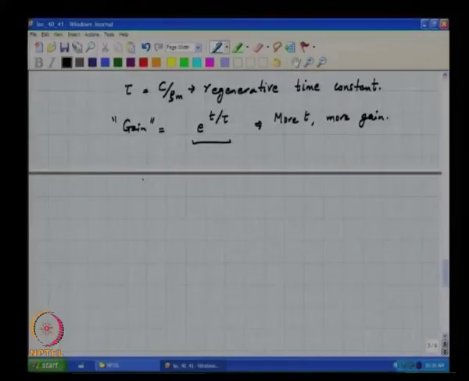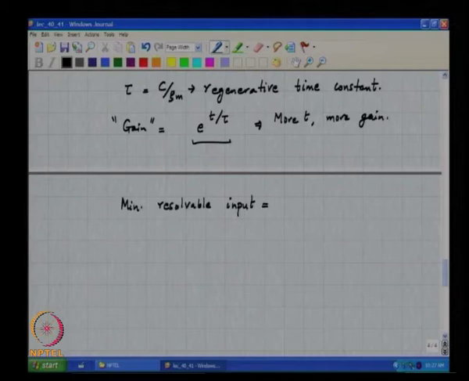But at least in principle there is a finite amount of time before which you need to make a decision. So, if that time is taken to be T, the minimum resolvable input is the time taken to reach a logic level, divided by the gain as usual.